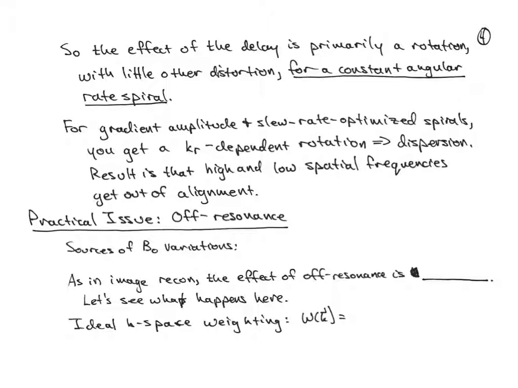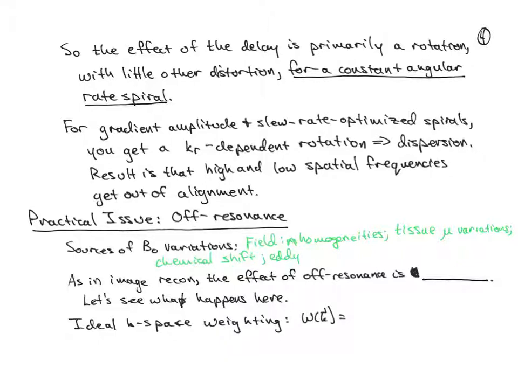The next practical issue for spiral RF pulses is off-resonance. There are lots of different possible sources of B0 variations. They can come from magnetic field inhomogeneities, tissue magnetic susceptibility variations, they can come from chemical shift, for example, between fat and water, and they can come from eddy currents.